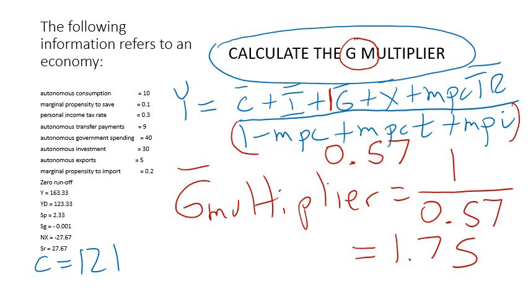If the government spends an extra $100 billion, then the GDP would go up by $175 billion, etc., etc., etc. What I'm going to do next is I'm going to compare the G multiplier with the TR multiplier.